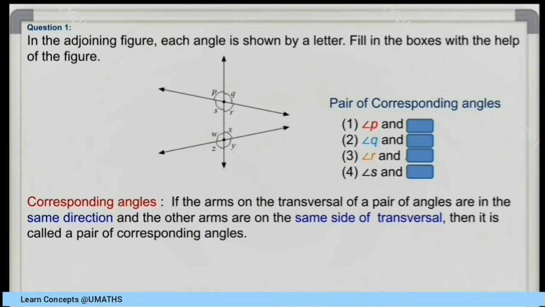Corresponding angles always lie on the same side of a transversal. You can see the one vertical line which intersects both lines. That vertical line is the transversal of both the horizontal lines.